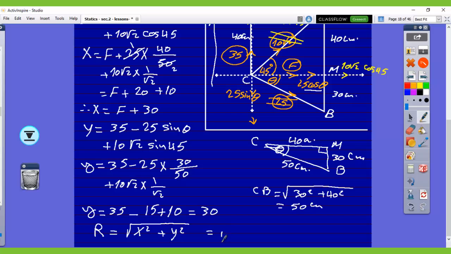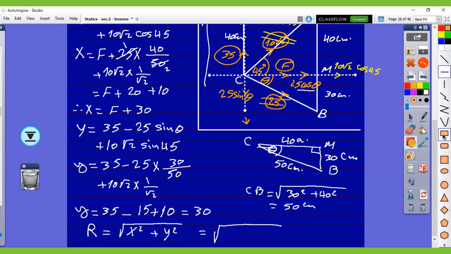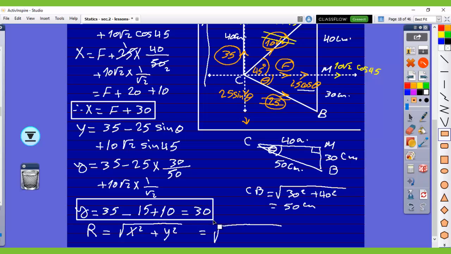So it is equal to the square root of... here is x, equals F plus 30, and y final form here is 30.